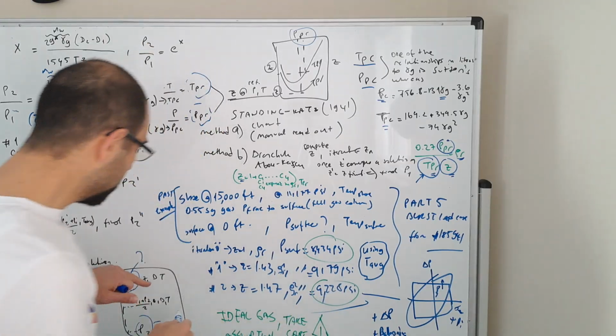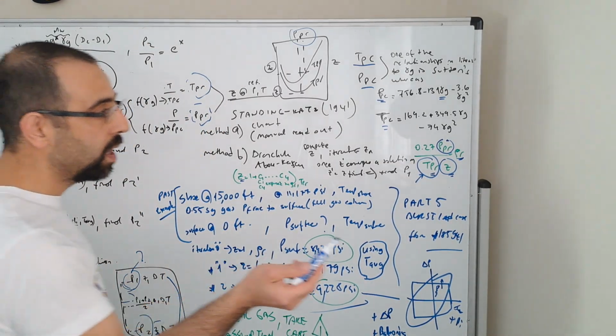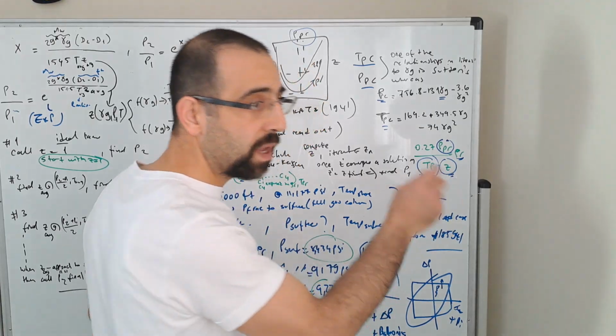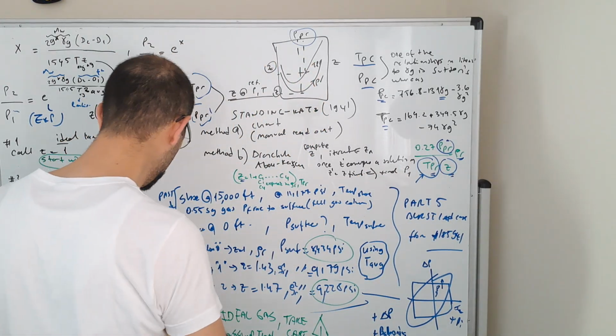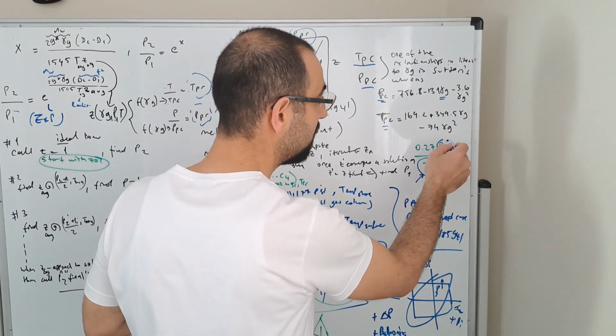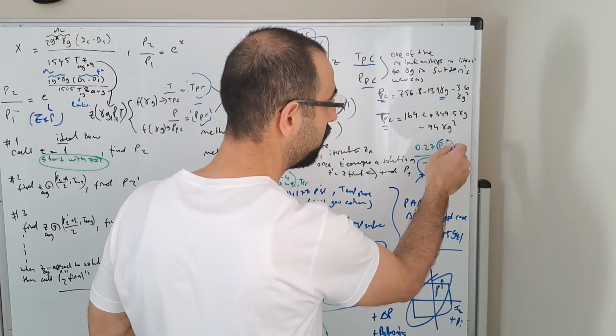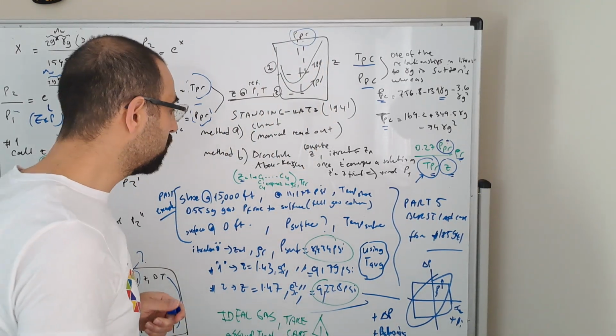However, as I mentioned, to simplify the iteration I'm using the average temperature. But if you want to use the new temperature at the new depth, feel free to use it. So with the new pressure, I obtain a new pseudo-reduced pressure, and then a new reduced density.